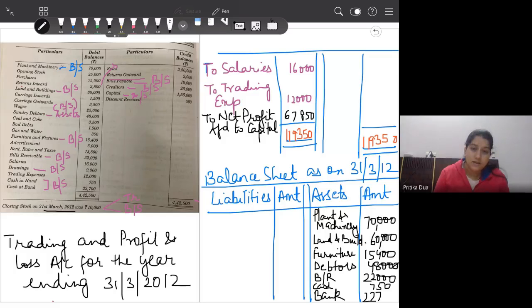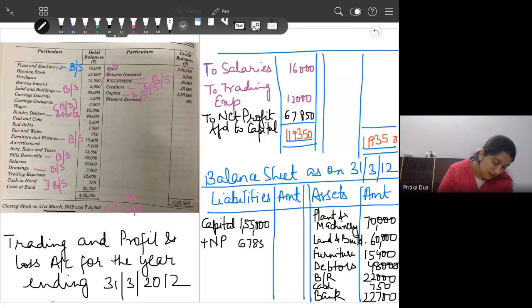In the liability side, the first entry that comes is capital. Please pay attention. Capital is 1,55,000. So in capital we add net profit and subtract net loss. 67,850 will be added, and then there was this one entry on the debit side.